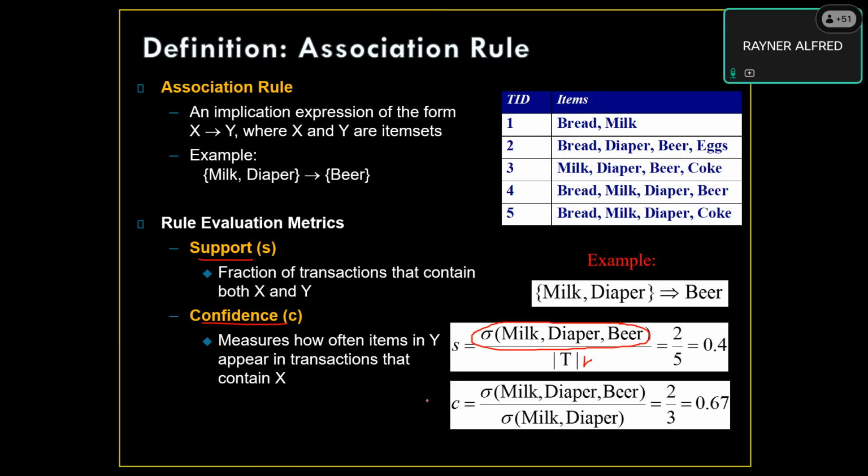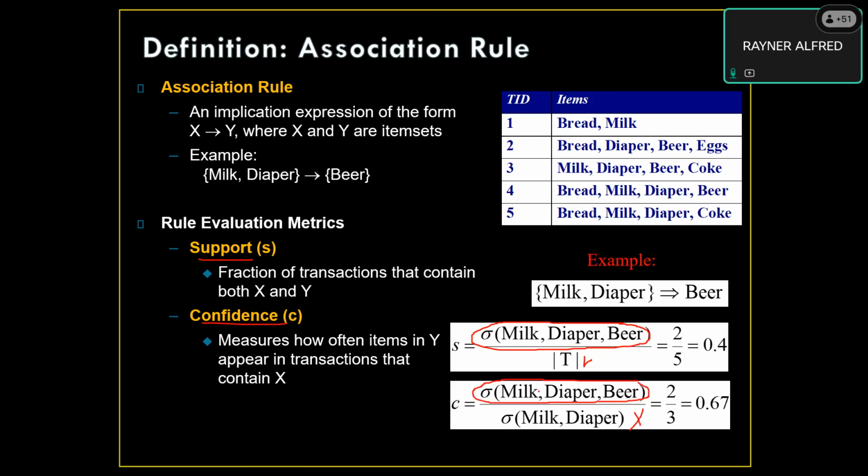For the confidence, we look at the count of the item set here divided by the count for the antecedent.